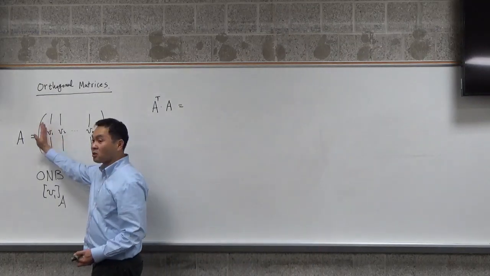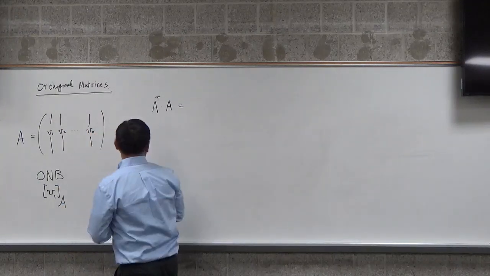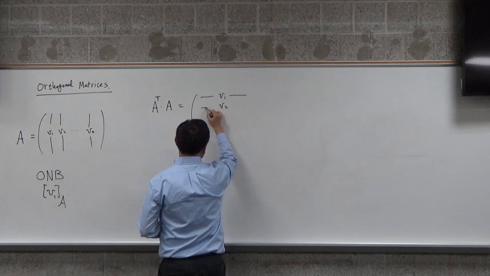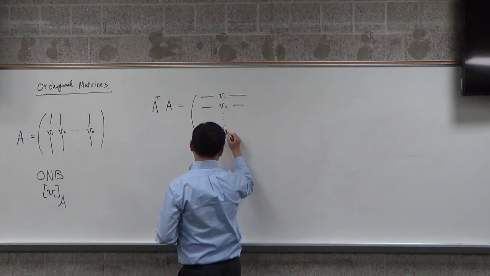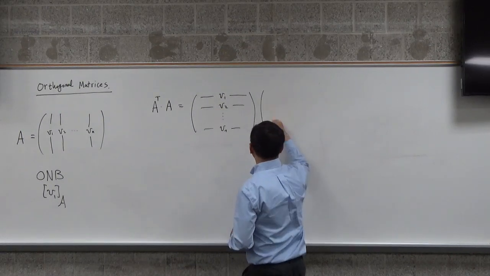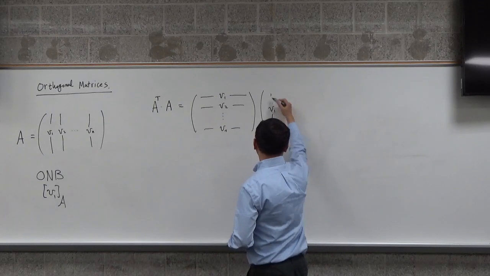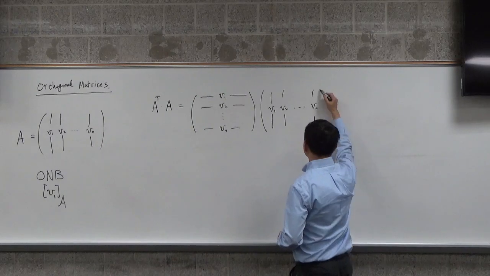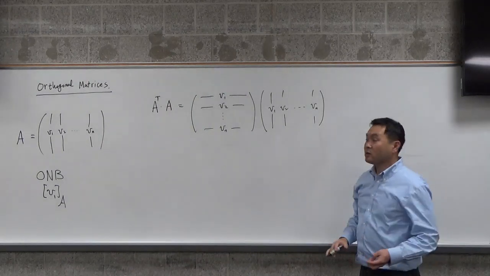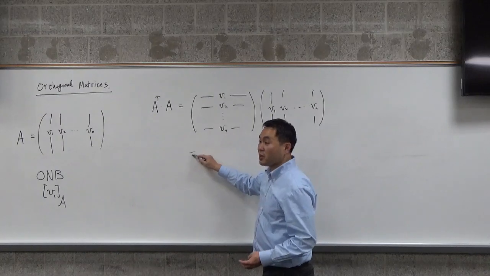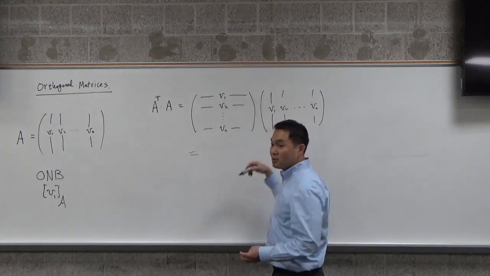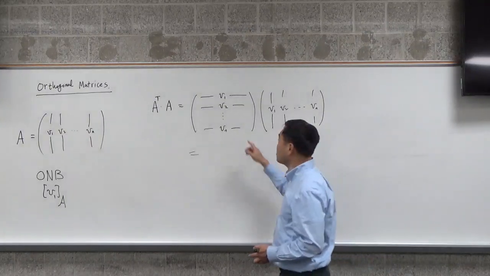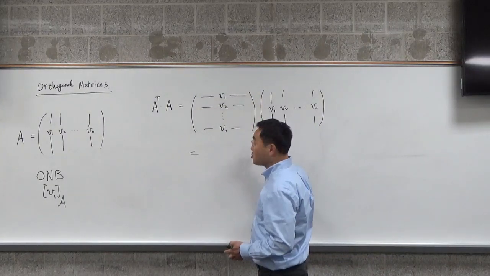It takes all the columns as rows. So you end up with V1 as a row, V2 as a row, Vn as a row, multiplied by V1 as a column, V2 as a column, Vn as a column. Matrix multiplication is the same as the regular dot product.